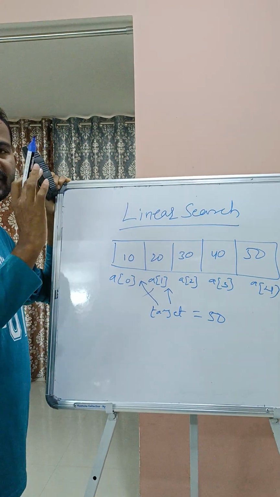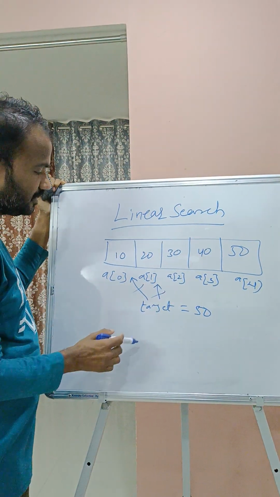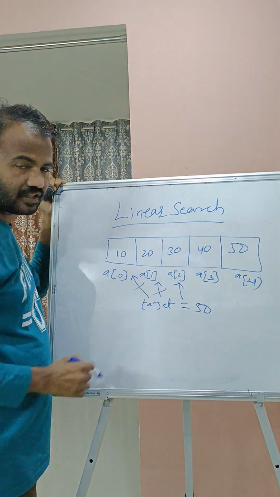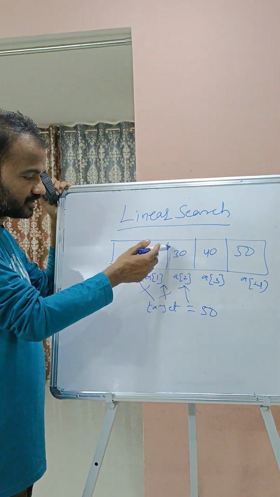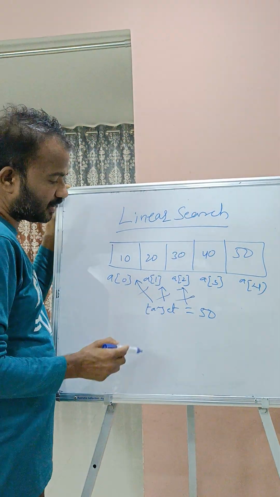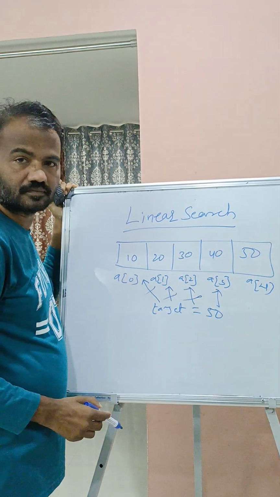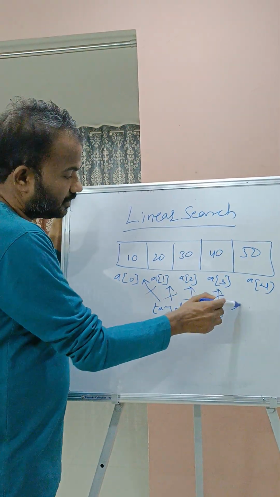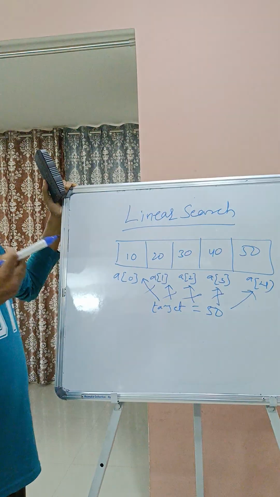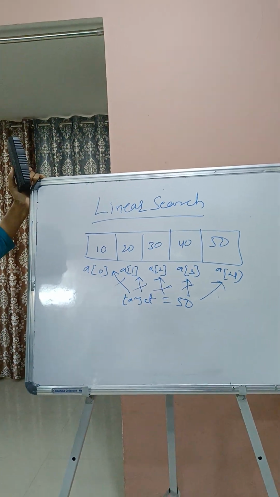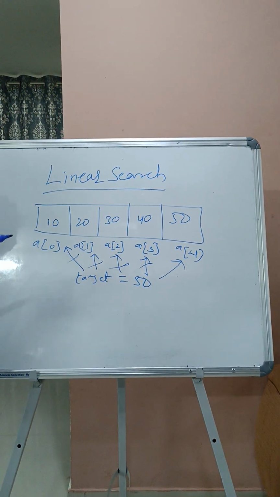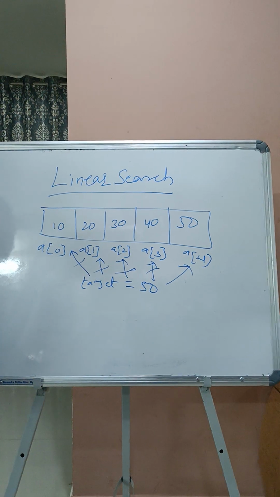If it is matched, searching is completed, but if not, it compares with the next element. This is 30, and 50 is not matched, so next it compares with the next element. Not matched. Yes, matched. Then we print: the target element 50 is present in the position 4.